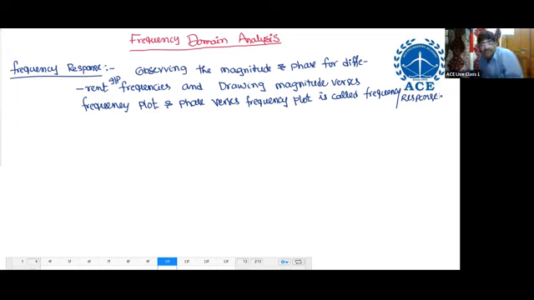Magnitude plot means magnitude versus frequency plot, and phase versus frequency plot is called the frequency response.